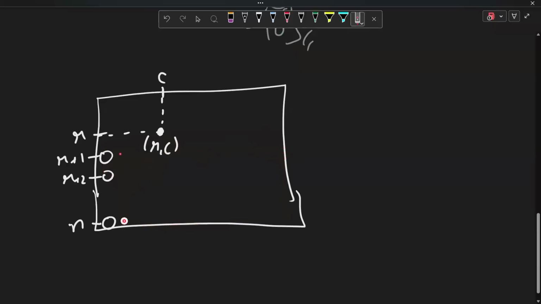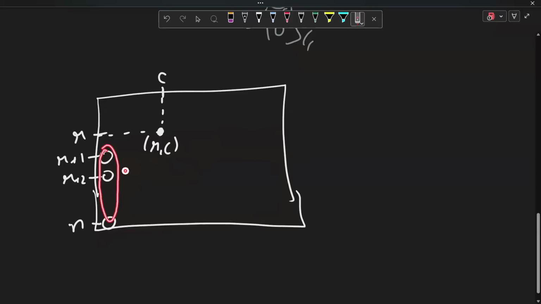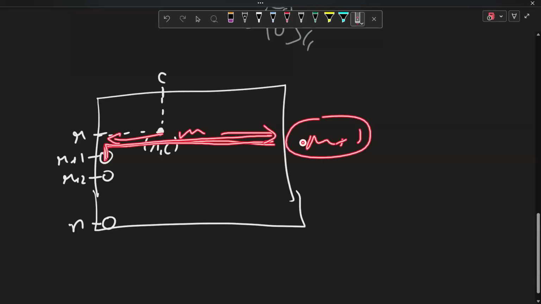So for all these people, except the people in the first column, we would add a plus 1 to our answer. Now for these people, how much are we going to add? What is this distance? This is 1 and this is m. This would always be m. For these, the distance they move is m plus 1.